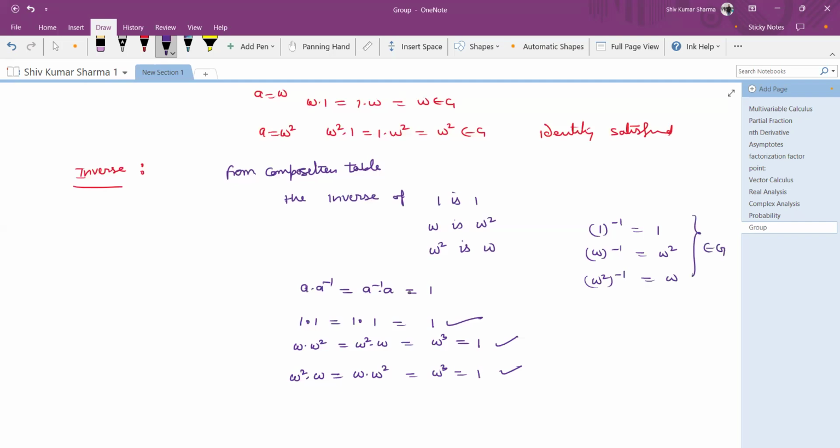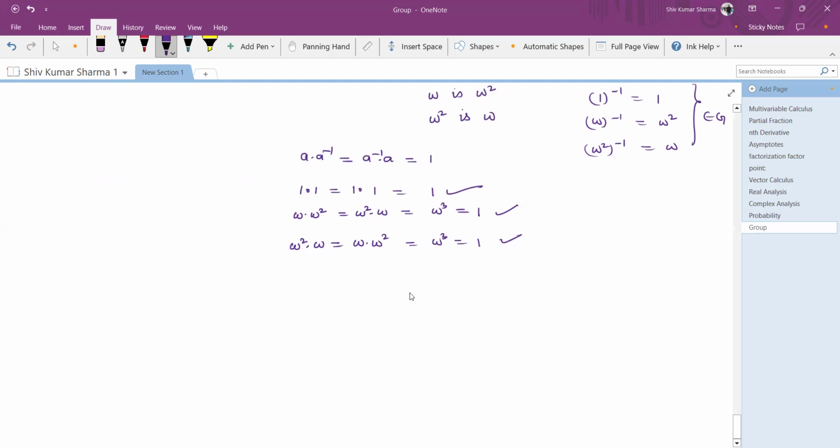All these elements also belong to the group G. So it means the given set, hence G is a group.